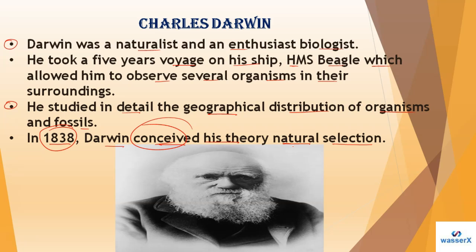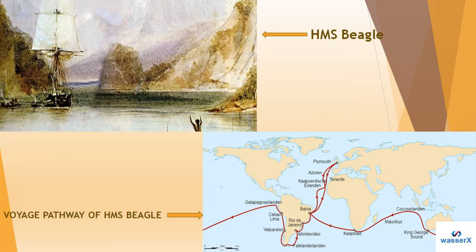Let me take you further, students. In this picture you can see the same kind of ship in which Charles Darwin sailed around the world, that is HMS Beagle. The pathway is also shown. During the voyage, the pathway of HMS Beagle was this one.